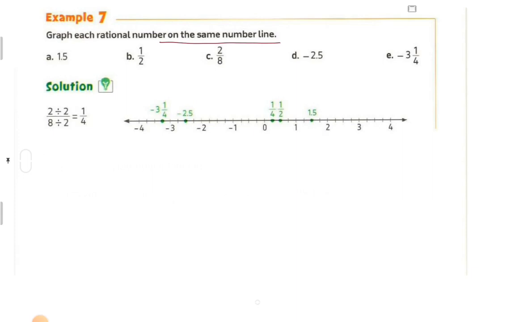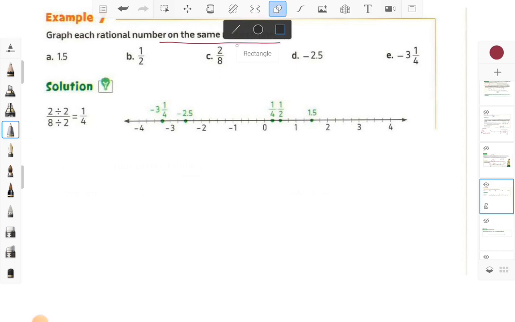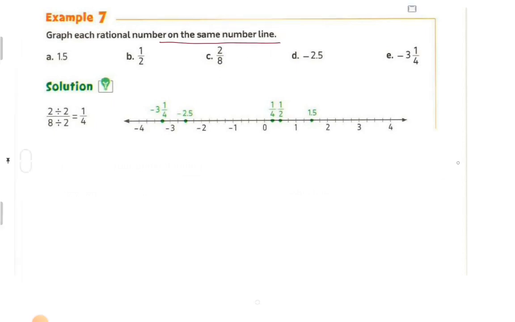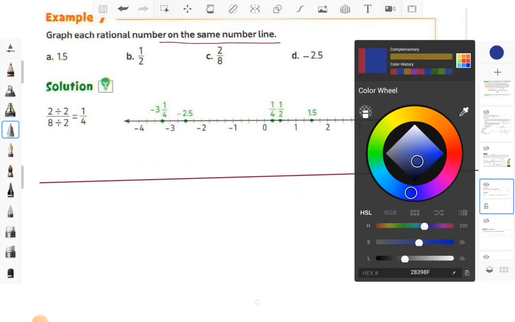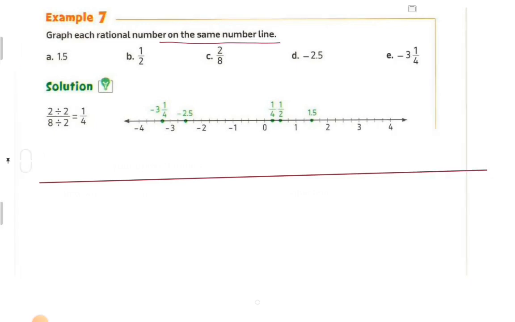First, we draw the number line. Now we have to put 0, like here. Nice.